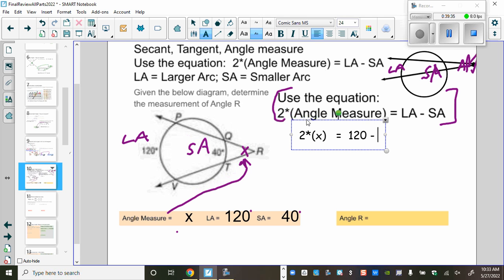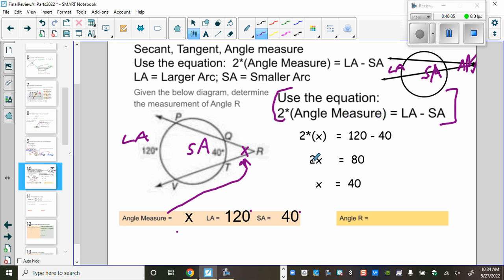What's our smaller arc? And what's 2 times X? 2X. And then what's 120 minus 40? 80. Now, are we in a position where we can solve for the X? Yeah, divide both sides by 2 and you get 40. There you go. That's all you do. So X is 40.